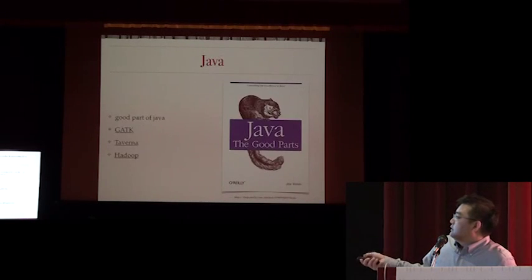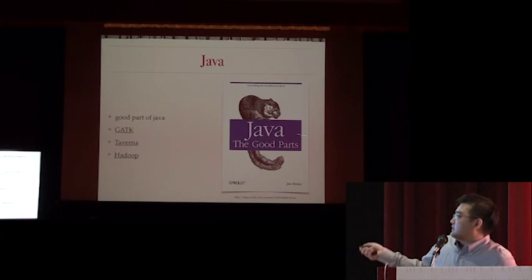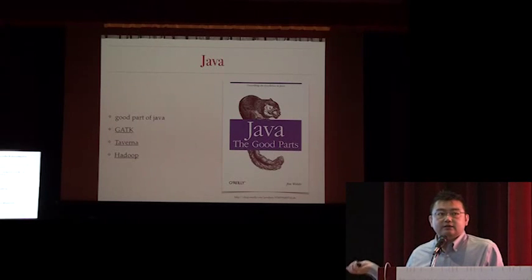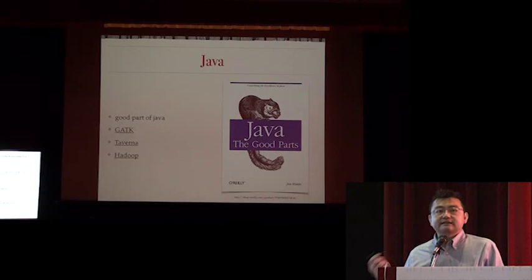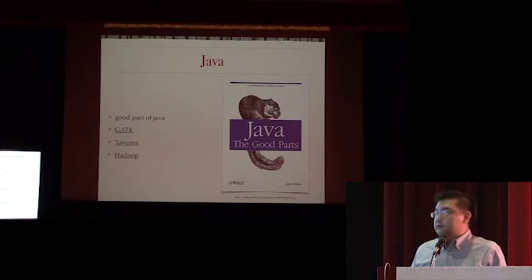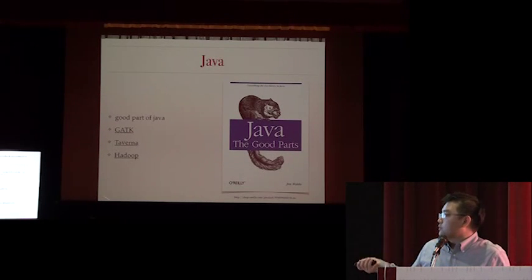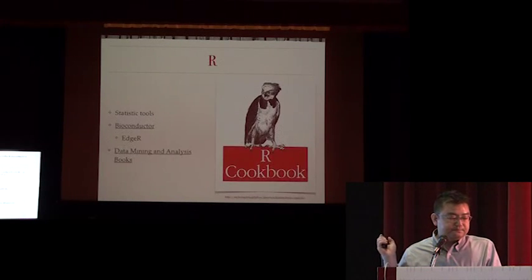Okay, the other language, some people love Java. Okay, I love Java too, but I only love the good parts of Java. And GATK is a tool written for sequencing. It's written in Java. Okay, there is a system called Taverna. It's a workflow system. It's written in Java. And some foundation systems, like Hadoop, are written in Java. So Java is also important in bioinformatics.